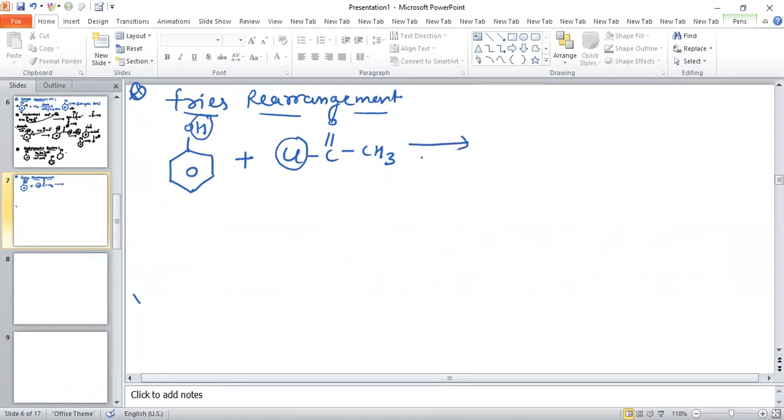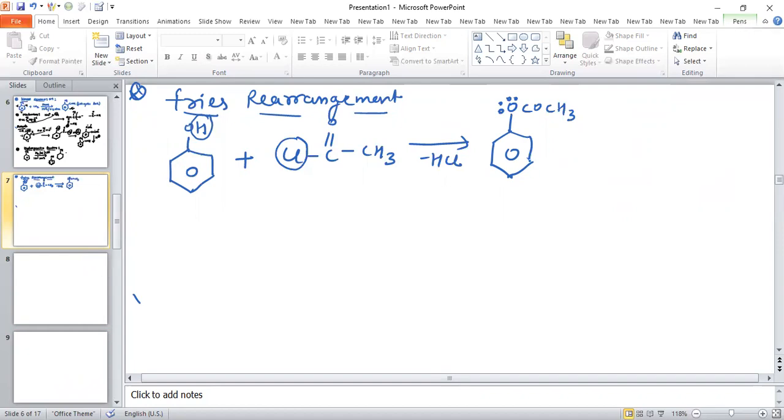When HCl is removed, it will form a product like O, CO, CH3. Now see what happens. This oxygen has electron density, so it will behave as a plus M group.